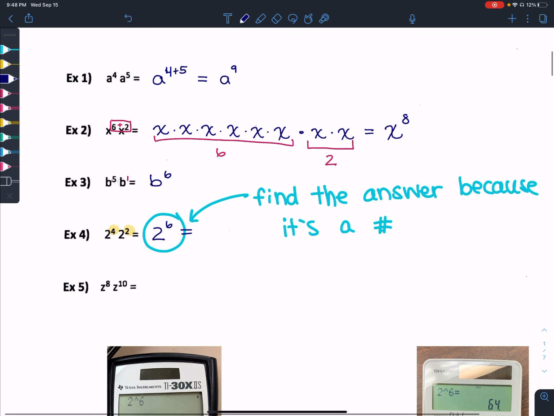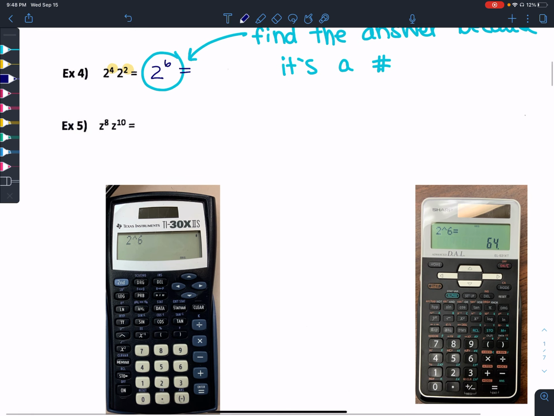So over here I have it prepped. This is a picture of two very common calculators. To do 2 to the power of 6, in case you don't know how your calculator works, you will be using this button over here in order to get your exponent, your little hat. If you have something like the Texas Instruments calculator, then instead of the y to the power of x button, you will have this little hat button. That's another way to see it on a calculator.